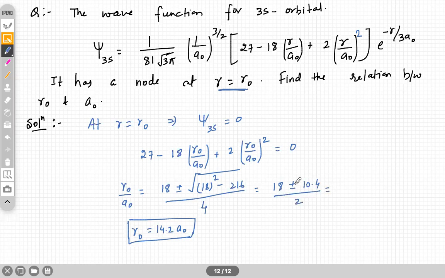So when you solve this, you'll get 18 plus this, that is 14.2 when you take the positive sign, or when you take the negative sign, it would be 7.6 by 2, that is 3.9 approximately, 3.8 approximately. So R naught value is this, or R naught value is 3.8 A naught. When you solve this, you'll get this expression.